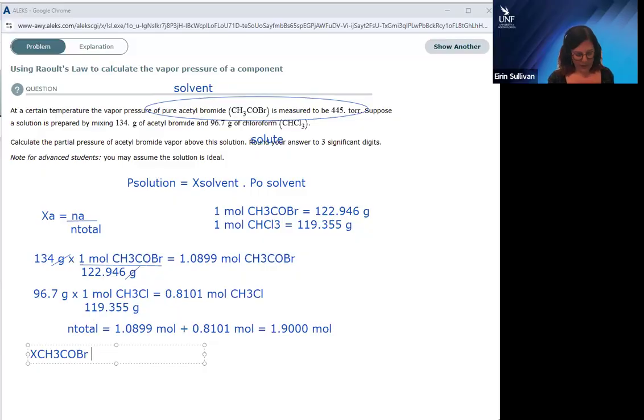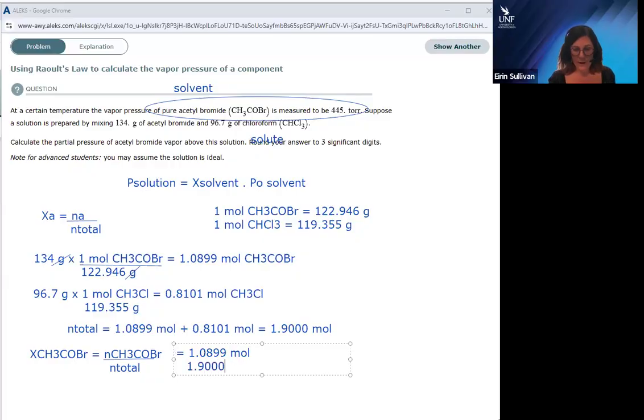Then we can do the mole fraction of what we're interested in, which is the acetyl bromide. We take the number of moles of the acetyl bromide, 1.0899 moles, and divide by the total number of moles in the whole shebang, 1.9000.